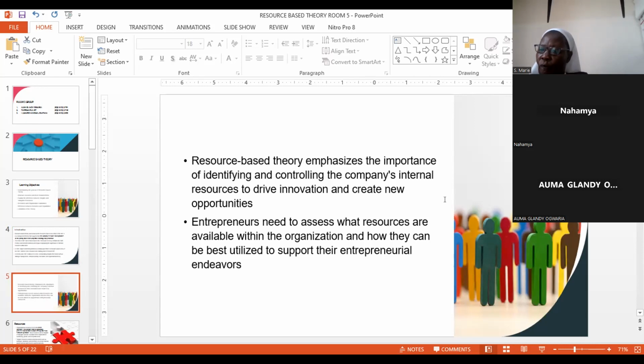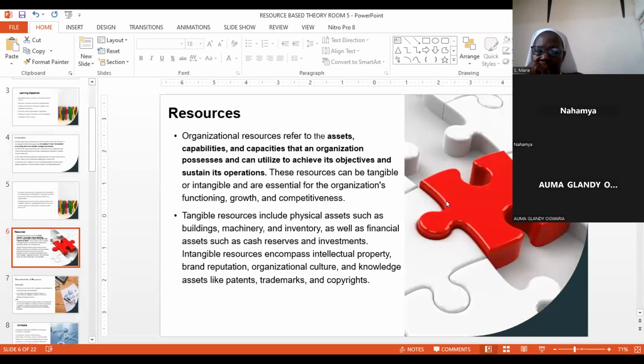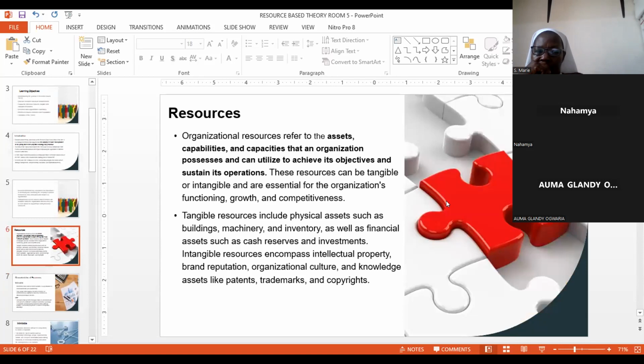This theory tells entrepreneurs that there is need to assess what resources are available within the organization and how they can be best utilized to support the entrepreneurial endeavors. Organizational resources refer to the assets, capabilities, and capacities that an organization possesses and can utilize to achieve its objectives and sustain its operations, as I explained earlier on.